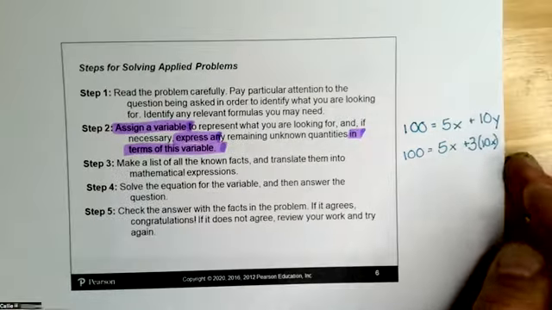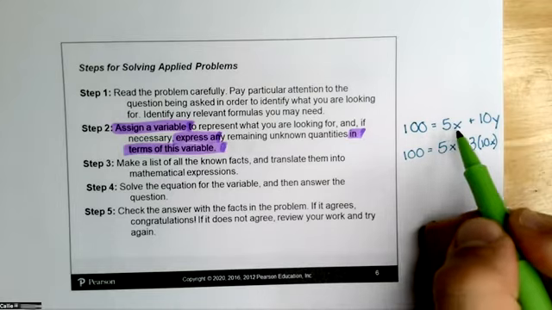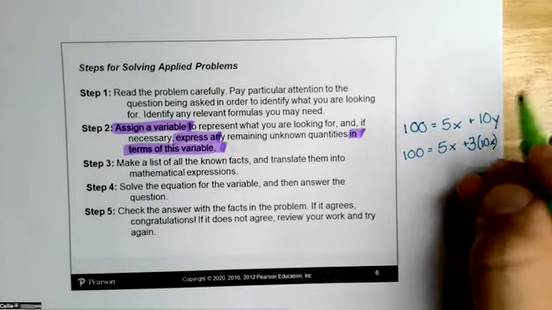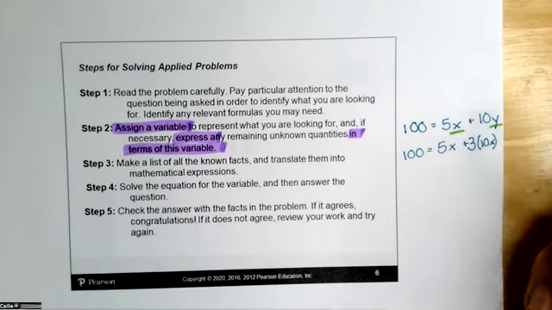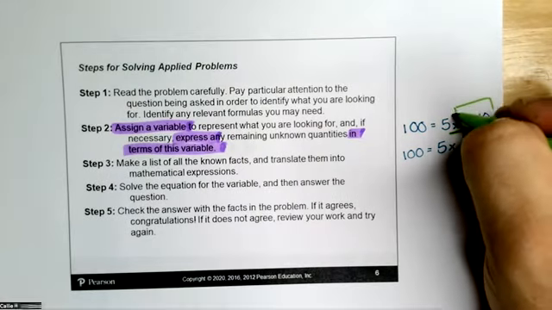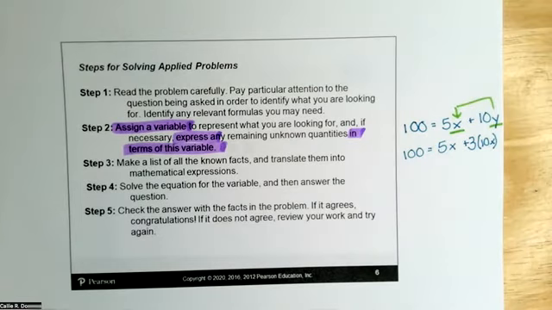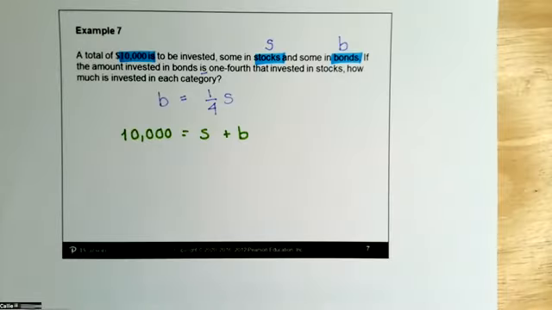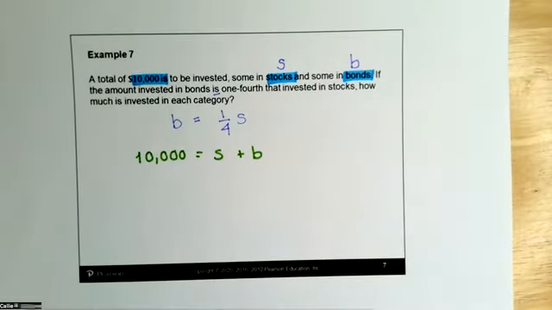So if I have 100 equals 5x plus 10y, instead of having two variables, x and y, if I can take that y and put it as a form of x, that helps me to have only one variable for my equation. Okay, because these are equations in one variable today. So I can't have x and y. I want them all to be one letter. Good.